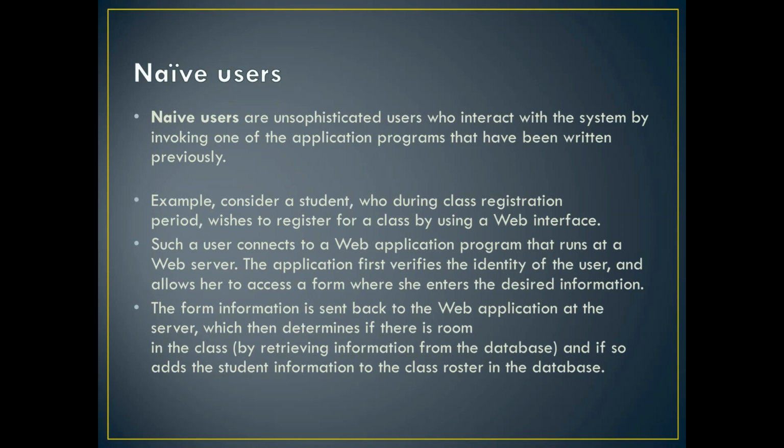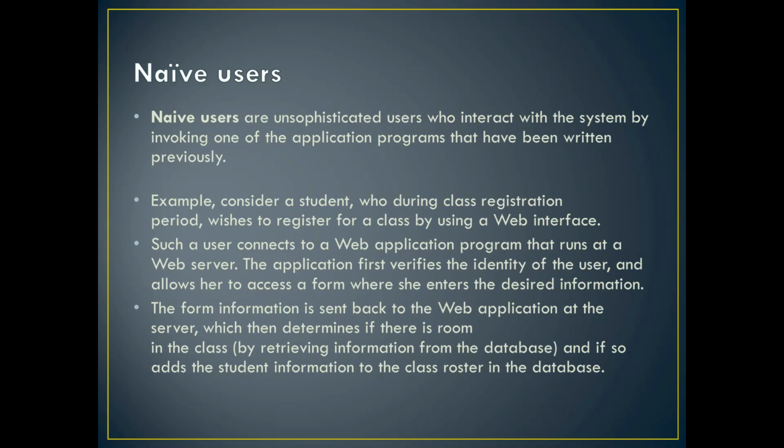From the front end, he tries to interact with the system, not knowing what is inside the database, whether there is a single table or multiple tables, how many rows, or how many attributes are in a particular table. No information about the database is known by the naive user. He only uses a front-end application, a web application, or a Windows form.